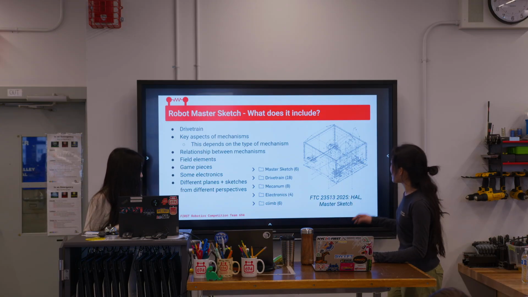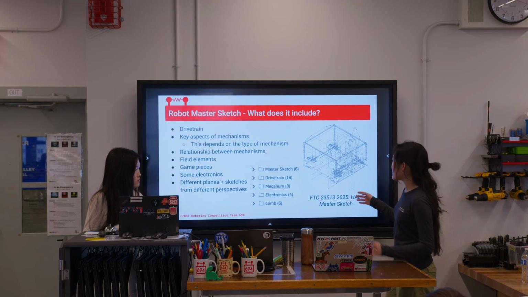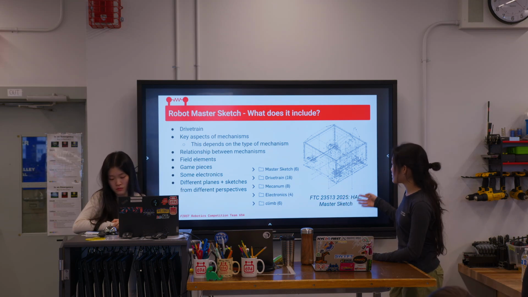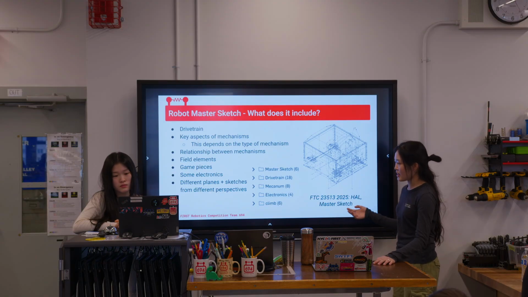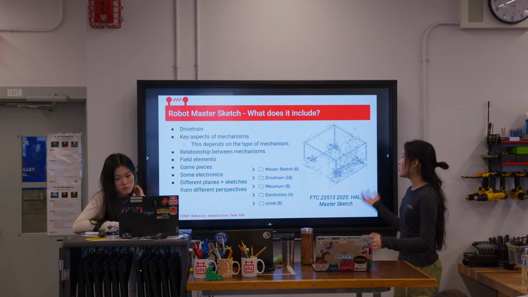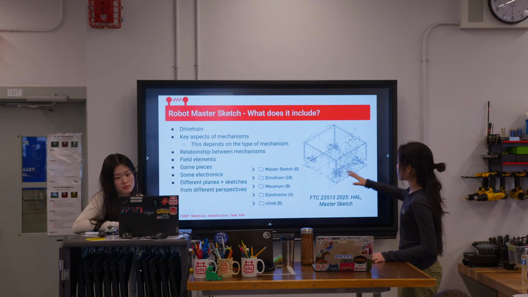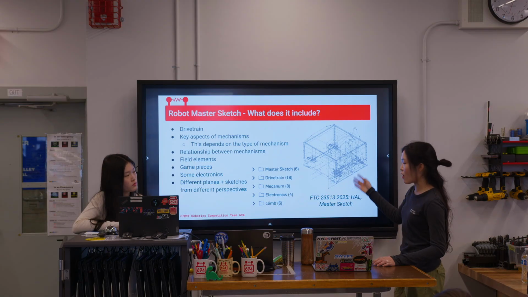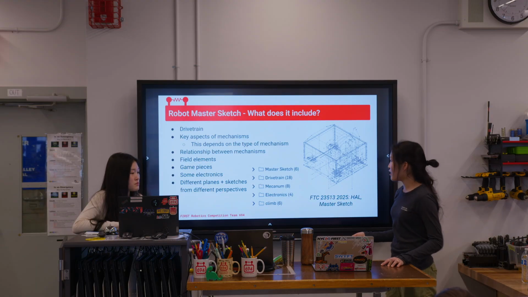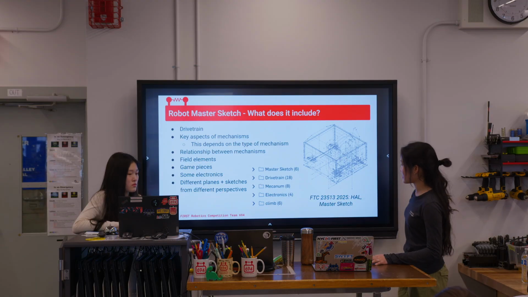How the robot master sketch works is that there's nothing three-dimensional. There are no extrudes. It's basically formed out of sketches and planes. So like I mentioned, you have different planes and sketches from different perspectives. You have stuff from the top view, some from the side view, and some planes that are offset, and it overall creates a three-dimensional effect, which you can see from the example here.